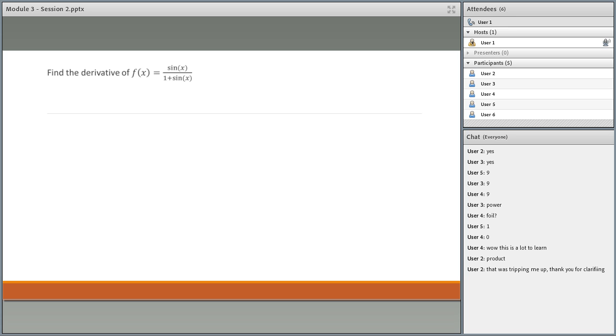Okay, what rule do we think we're going to need when I'm going to take the derivative of this function? So far we have the power rule, the product rule, and the quotient rule.